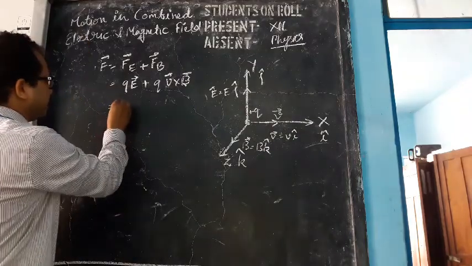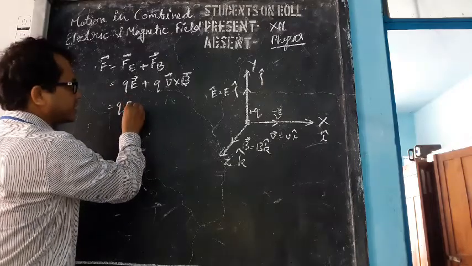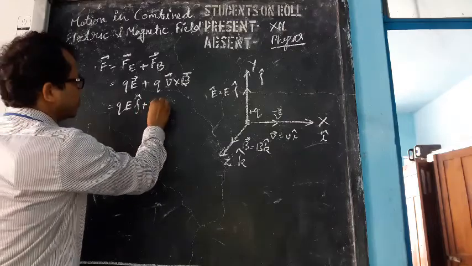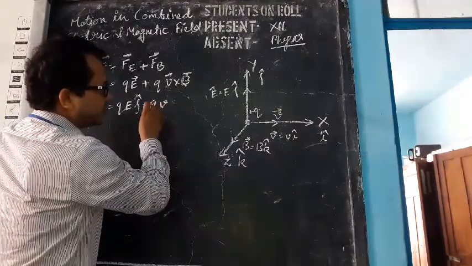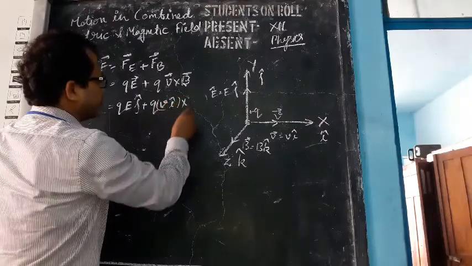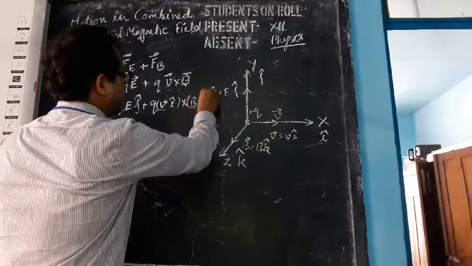So it could be written as q into E into the unit vector, E is along j, so j cap, plus q into v cross B, and v is along i, so v i cap cross B k cap.